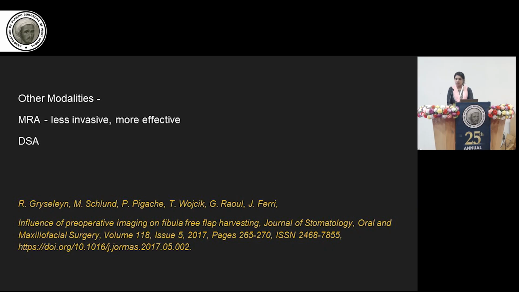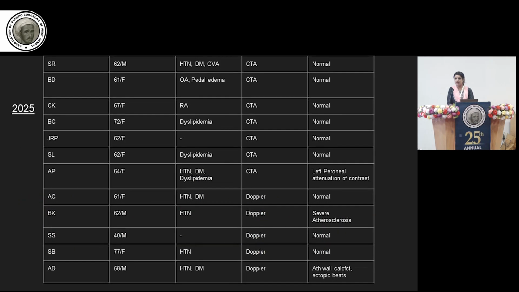The duplex ultrasound is, yes, cost effective, bedside, non-invasive, but it is operator dependent and difficult in obese patients with stiff calcified vessel walls. Additionally, with the CT angiogram, CAD-CAM technology can now be used, which is beneficial. Other modalities like MR angiogram and digital subtraction angiography are also described but not commonly used.